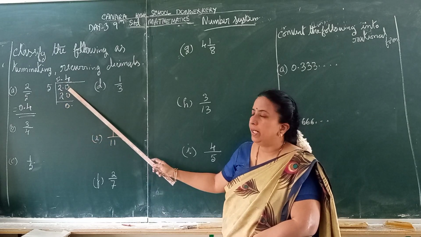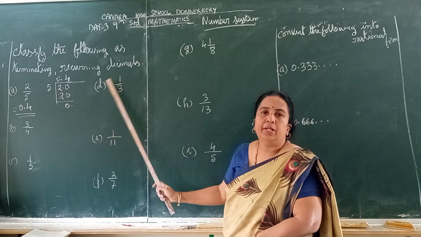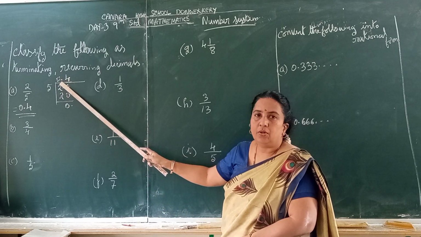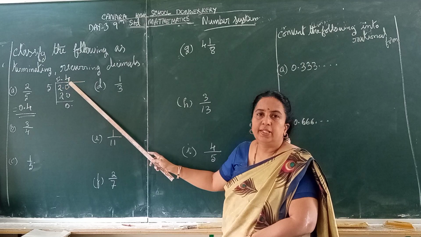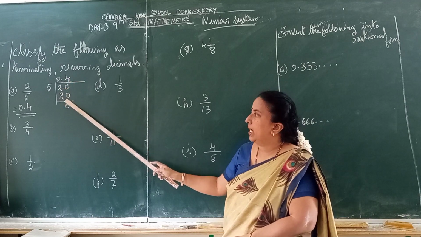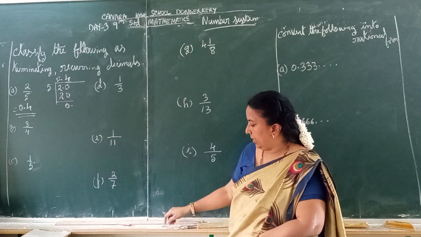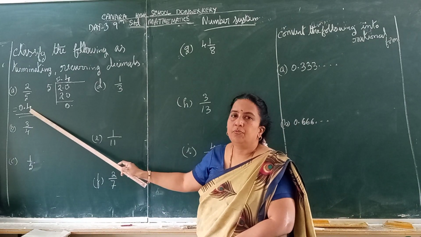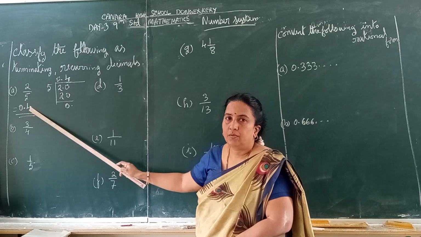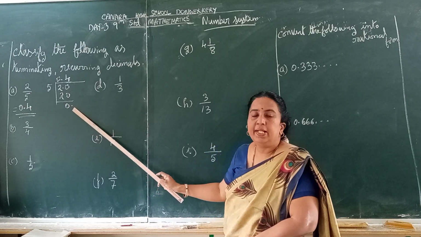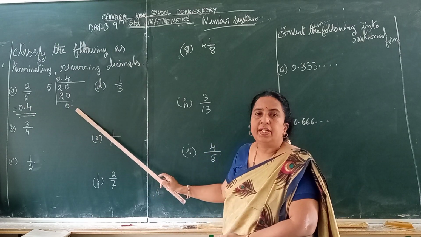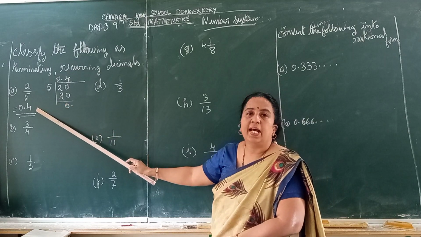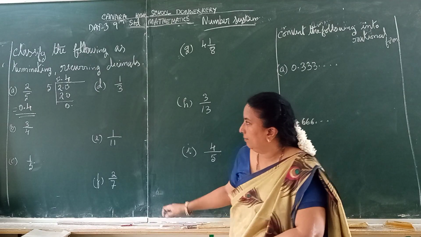Then it will become 20. 5 how many times is 20? 4s are 20, remainder is 0. So what quotient did we get? 0.4. The remainder we got is 0 and the division stops. Such decimals are called terminating decimals.